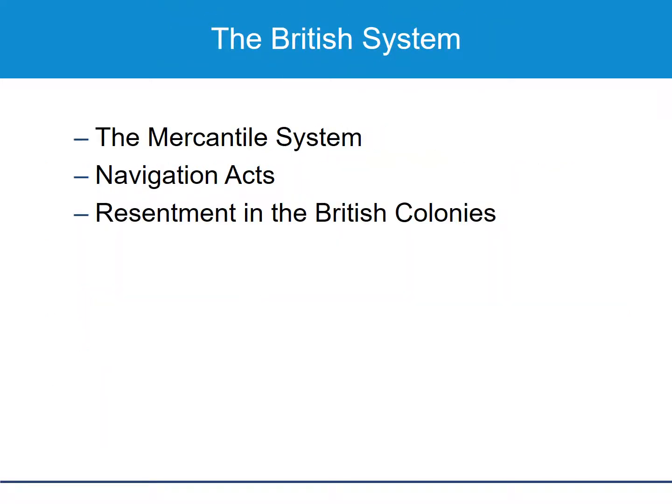The British system. The American colonies are going to act as part of the British economic system during the colonial period. The British economic system was something that we term as the mercantile system. Mercantilism was a system that was very common in Europe during this time, in which colonies were used to help countries amass wealth.